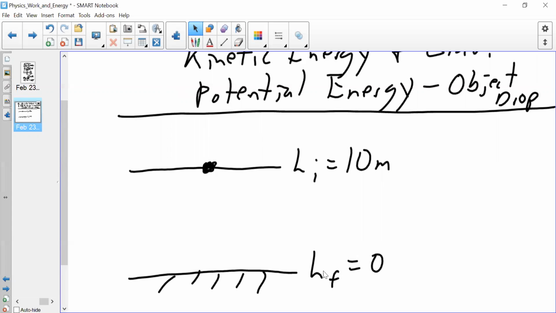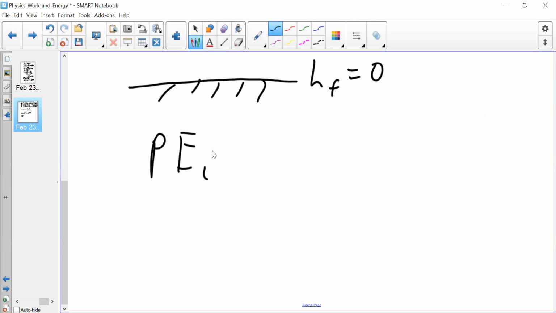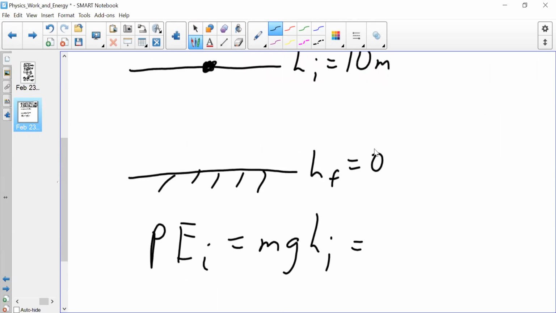So from this reference point, this 0 point here, we can find the potential energy at 10 meters. So before we actually drop this ball or rock or whatever it is, let's find the potential energies at the initial height and the final height. We can do that very easily. You've been tracking along with the gravitational potential energy discussion, so I'm just going to say the initial potential energy at that initial height is mghi, and I'm just going to give it a mass, let's say 2 kilograms.